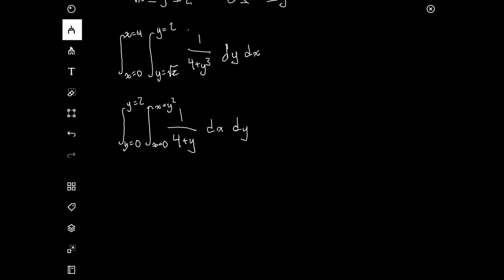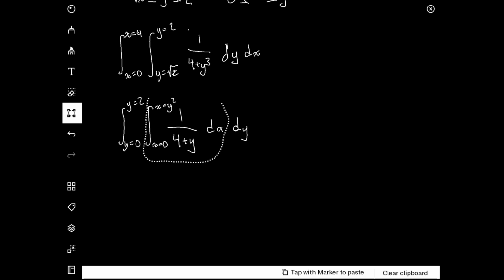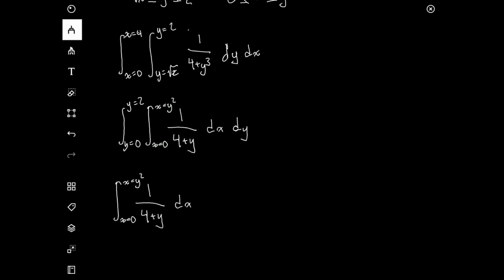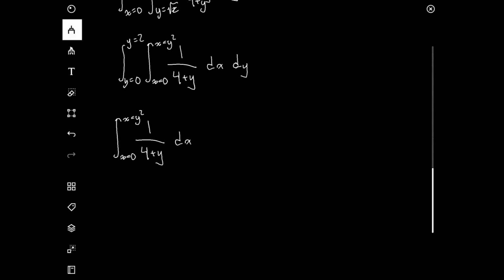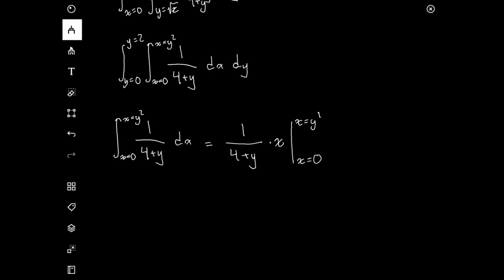So our first integration is going to be this right here. This comes out to, because y is just a constant in this case, dx, we would take this as a constant, just add x onto the end. And we're going from x equals y squared to x equals 0.